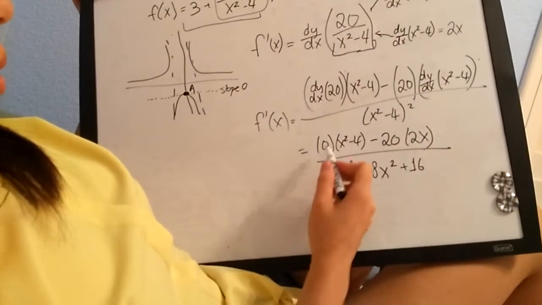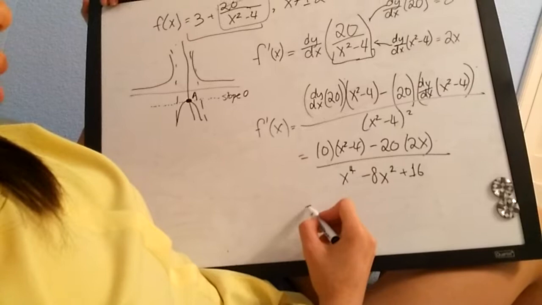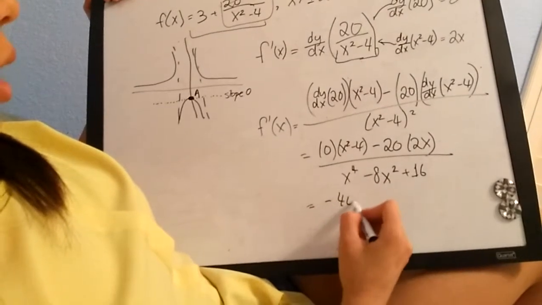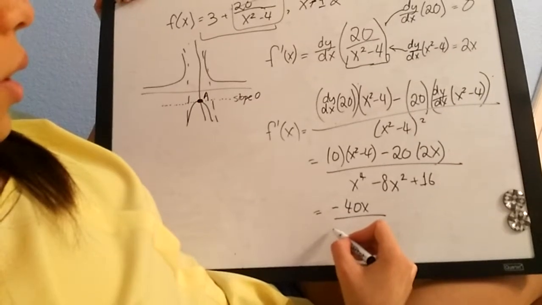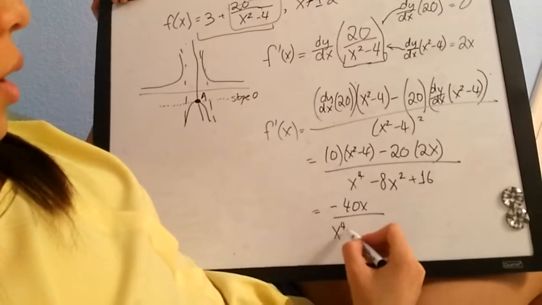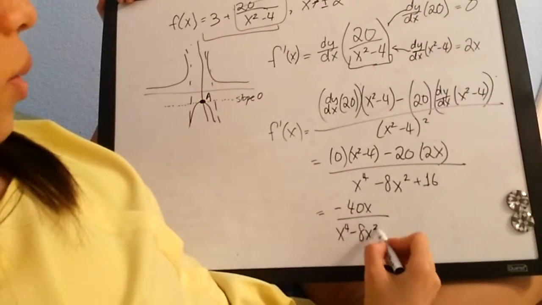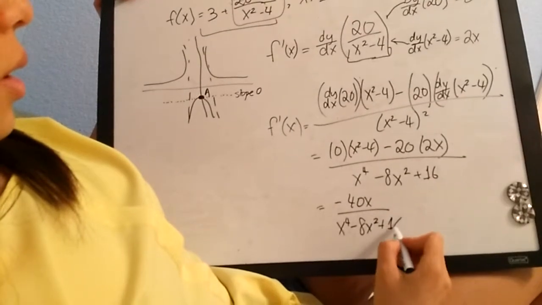Since 0 times x squared minus 4 equals 0, that's just negative 40x over x to the 4th power minus 8x squared plus 16.